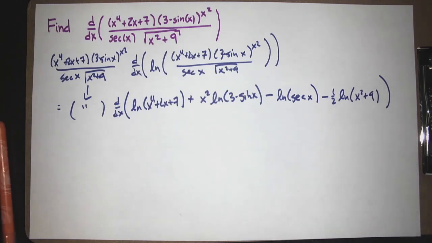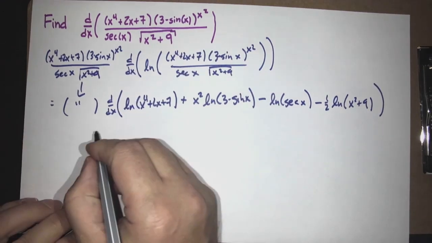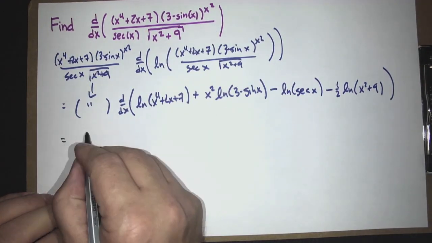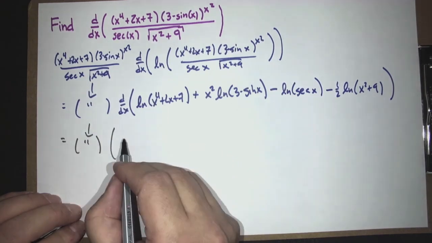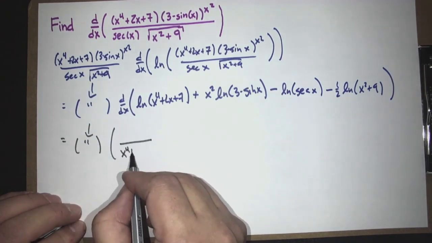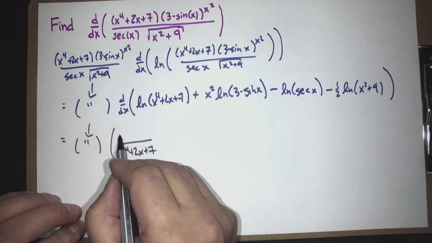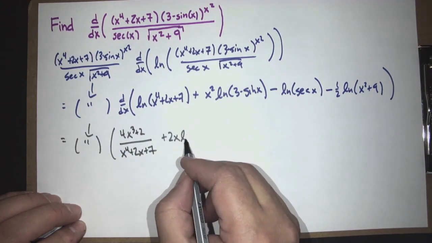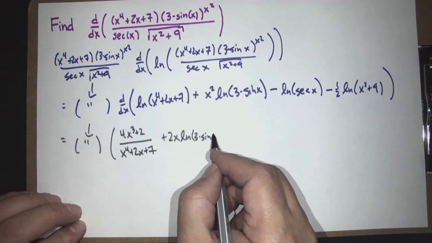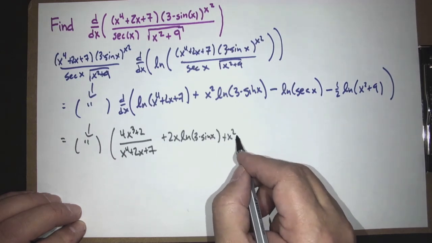And so we say, okay, so what happens? Again, you just copy the part in front. And you say, the derivative of natural log is always easy. What's inside goes downstairs. Derivative goes upstairs. Product rule, 2x times the second term plus x squared.